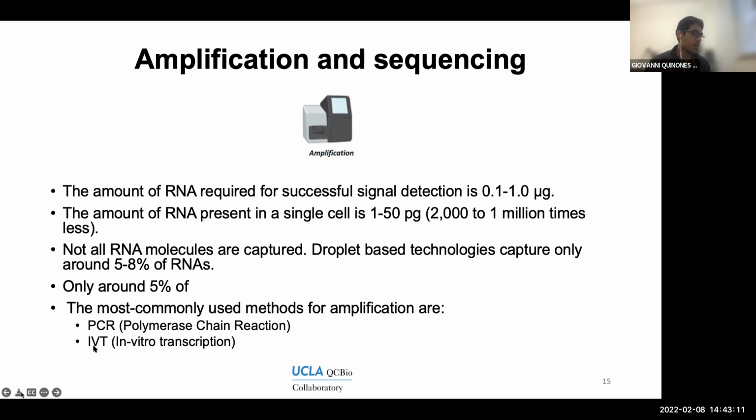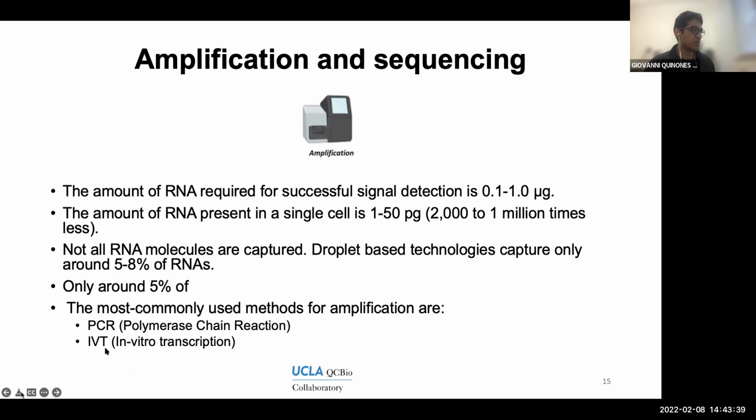And then we have this other approach, which is a little older, but is still being used in the lab for different purposes, which is in vitro transcription. And what this technique relies on is inserting your DNA of interest into a plasmid construct, sorry.